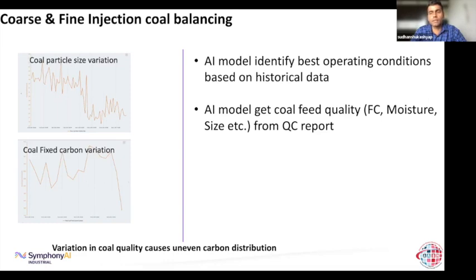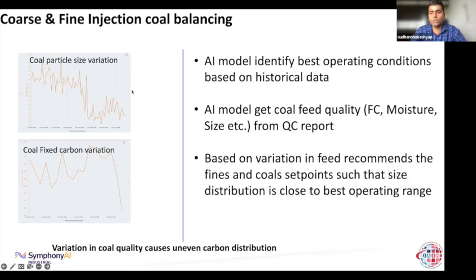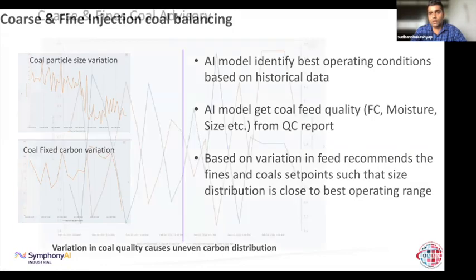And then that becomes a model for deciding how much carbon, how much coal should be fed, and also how particle size distribution should be. Once we have that information, that helps us do an optimized estimation of coal set points, both feed coal as well as injection coal quality.